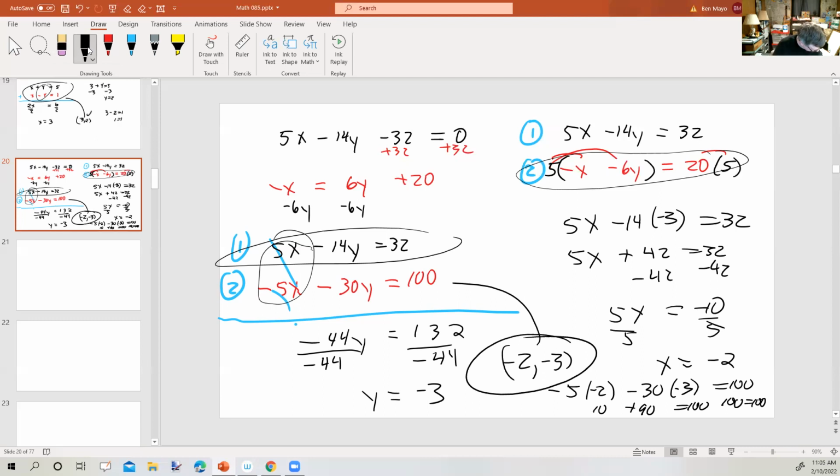All right, now, I want to do a problem. I haven't done any today where the answer was no solution or infinitely many solutions. So I want to do a couple examples of this where that is the case.